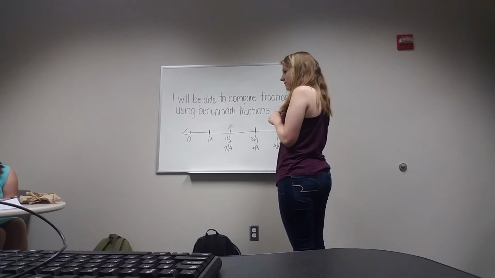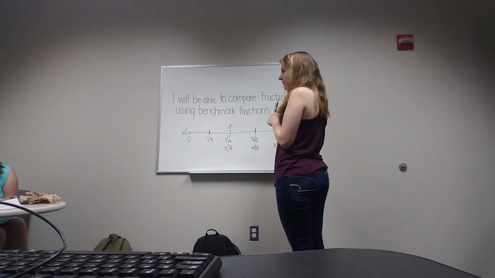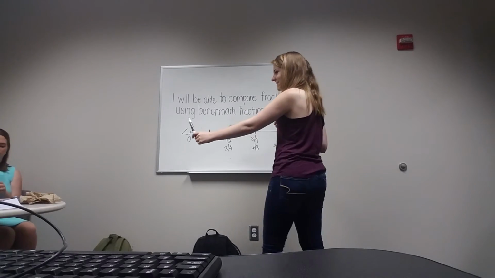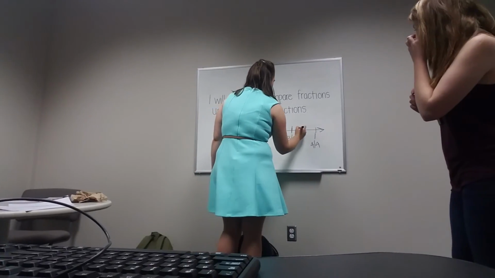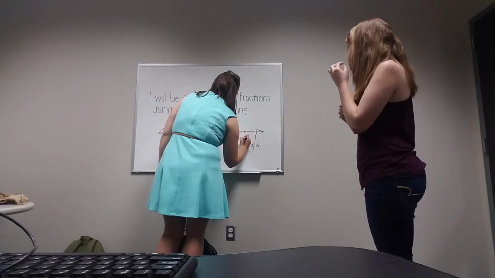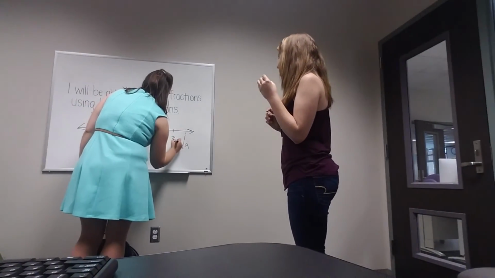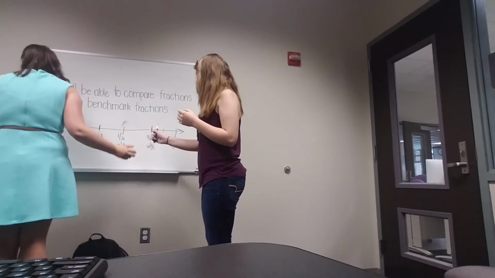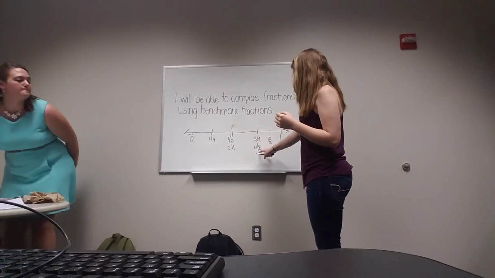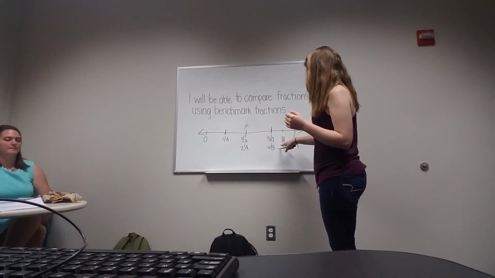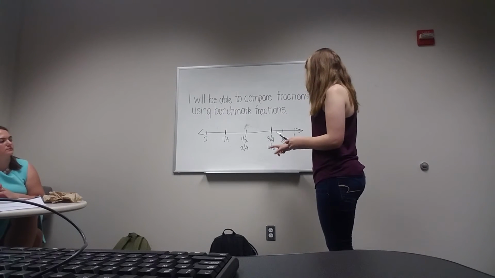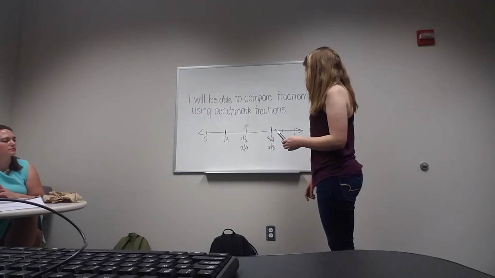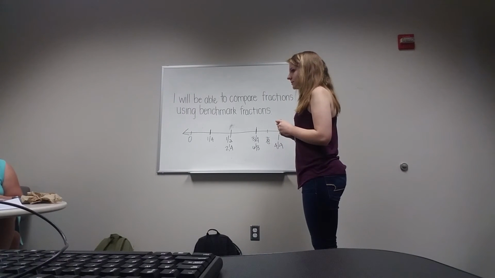Does somebody want to draw 7/8 for me? Sure. Okay. Awesome. So we knew 3/4 was equal to 6/8. And we knew 7/8 was just a little bit bigger than that, and so there we are. It's between 3/4 and 4/4, between 6/8 and 8/8. Does that make sense to everybody?